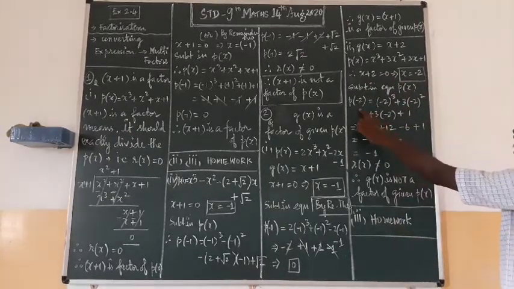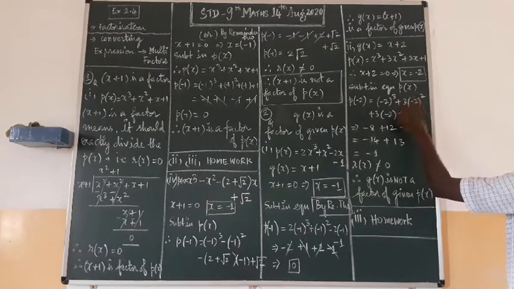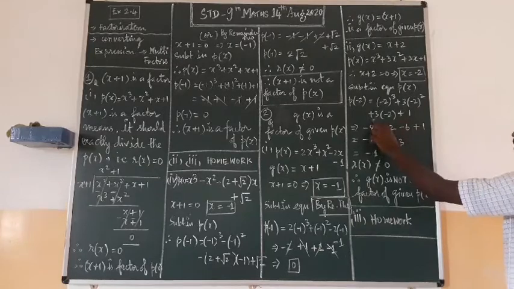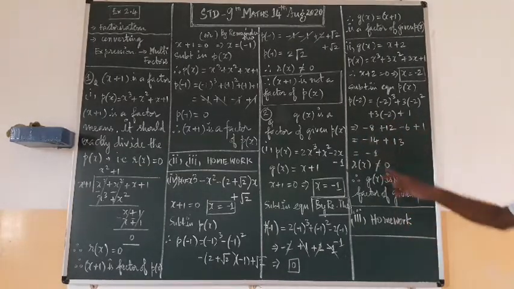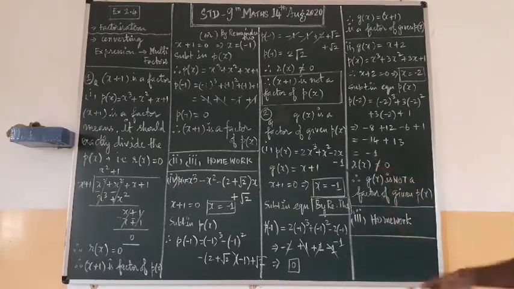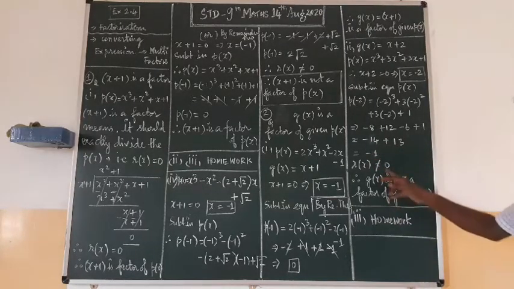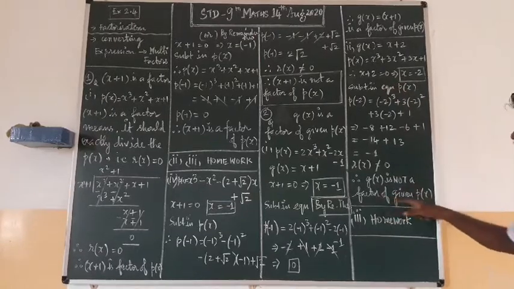Once again I substitute in the given equation: p of minus 2 equals minus 2 whole cube plus 3 into minus 2 square plus 3 into minus 2 plus 1. I simplify it and get minus 14 plus 13. The difference is minus 1, so the remainder is not equal to 0. Therefore g of x, x plus 2, is not a factor of the given polynomial p of x.